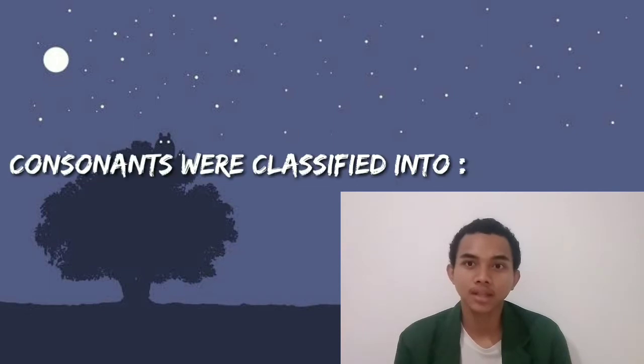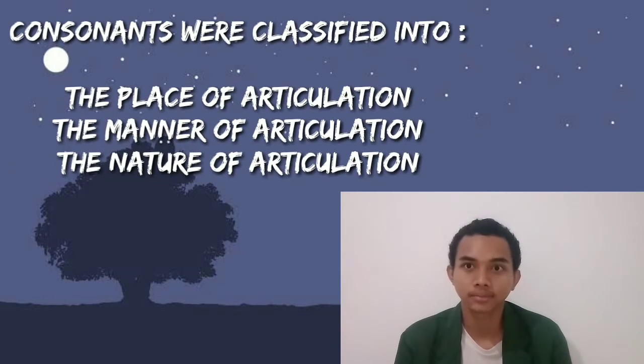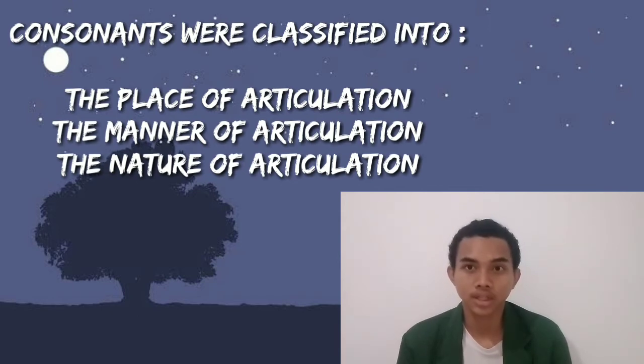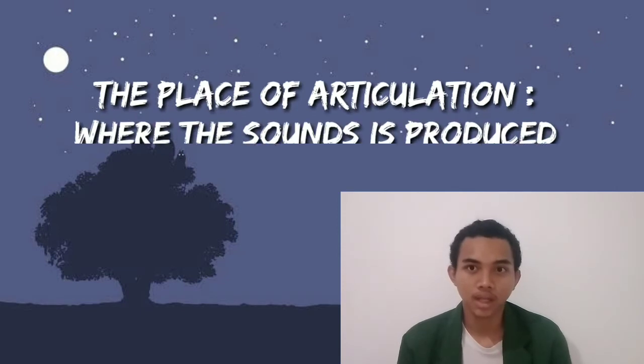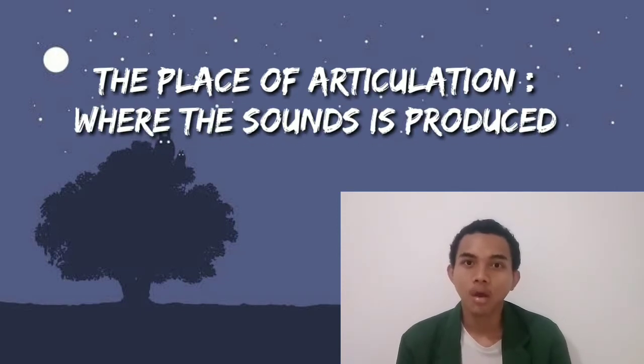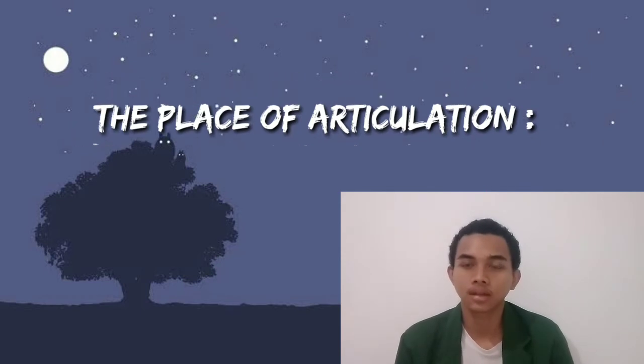Okay, consonants themselves are classified into three parts: the place of articulation, the manner of articulation, and the nature of articulation. The first is the place of articulation. It talks about where the sound is produced.